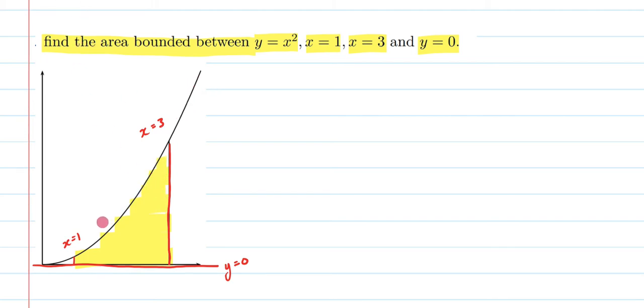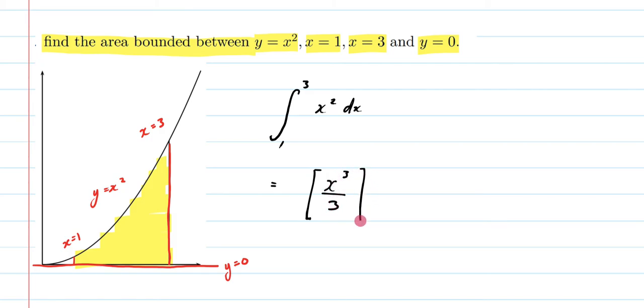Also remember, it's being bounded by y equals x squared. We now know how to set this up as a question. We would say, find the definite integral of x squared with respect to x between 3 and 1. We would find the antiderivative of x squared, which is x cubed over 3. Chuck in our terminals, 3 and 1.